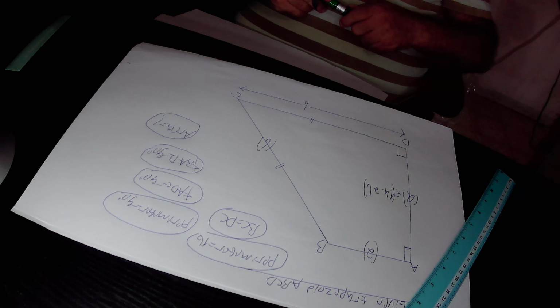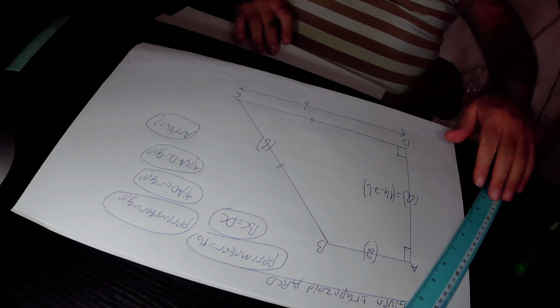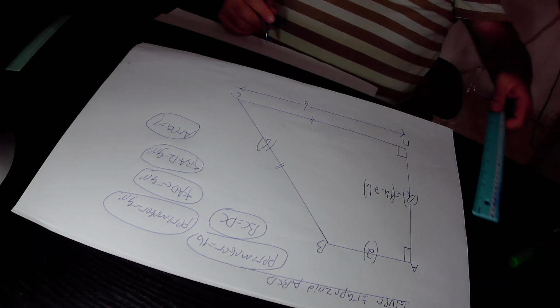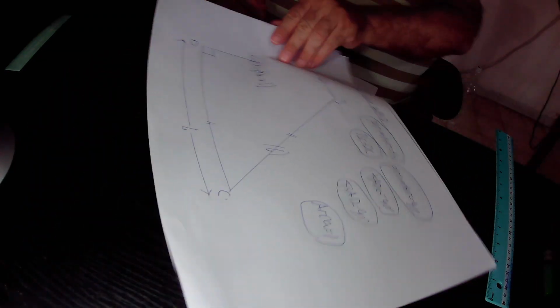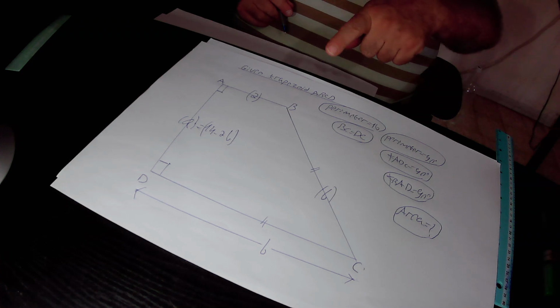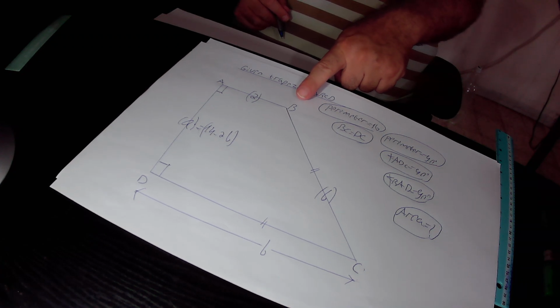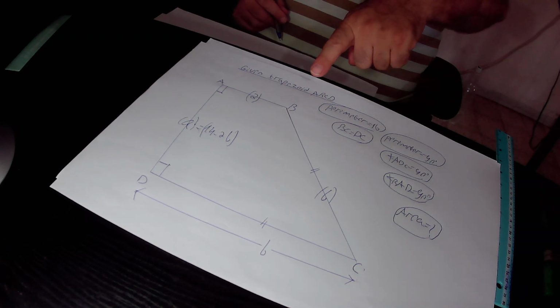In the next step, we will do a construction. That is to say, from the vertex B of this trapezoid ABCD, we will draw a perpendicular onto DC.